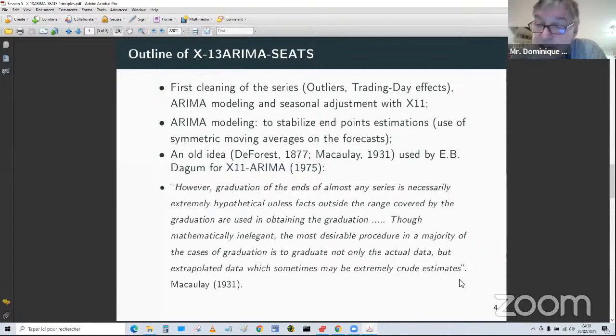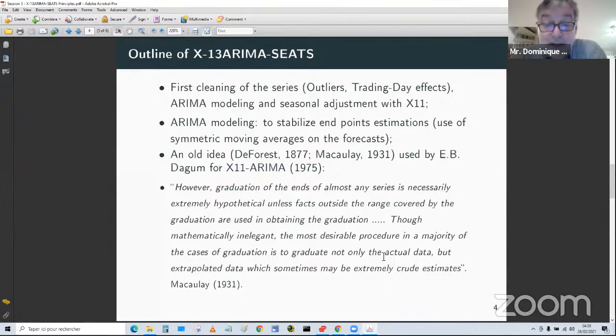So in this quotation, it's very clear. You have to forecast the data. You need to give some information to the algorithm on the potential future of a series, okay?